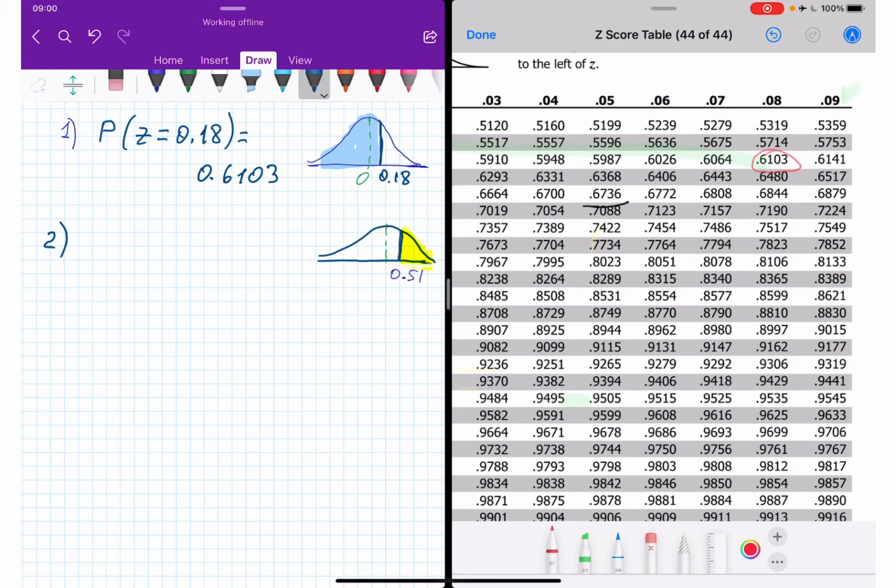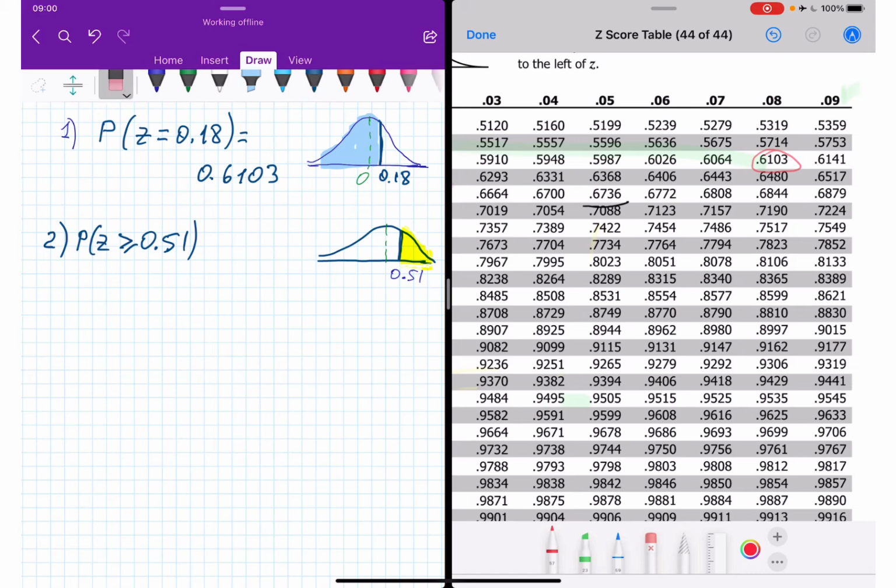All right. So probability for z-score, it says find the area of the shaded region under the standard normal distribution. Okay, well, the shaded area here is going to be to the right, which means it's going to be greater than 0.51.